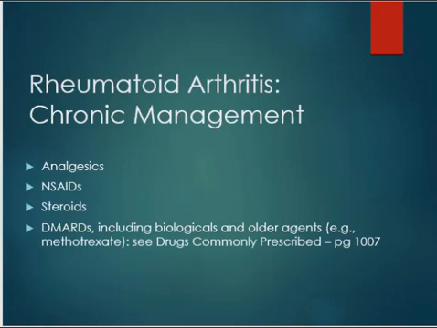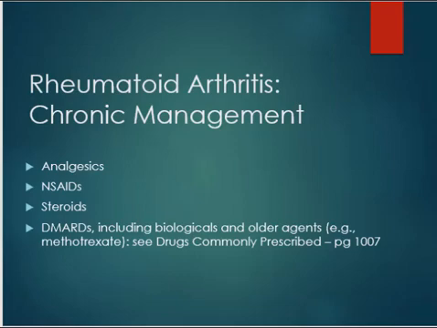Analgesics such as Tylenol or capsaicin cream or gel applied to the joints. Other NSAIDs include aspirin, and remember though that different NSAIDs have different side effect profiles, so you need to be aware of which ones you're prescribing, such as your Advils, your Voltarens, Celebrex, any of those type of things, and individualize it based on your patient's needs and your comorbidities.